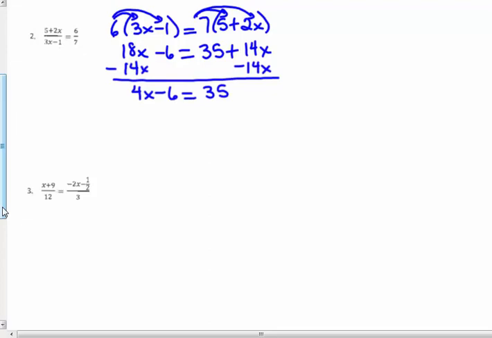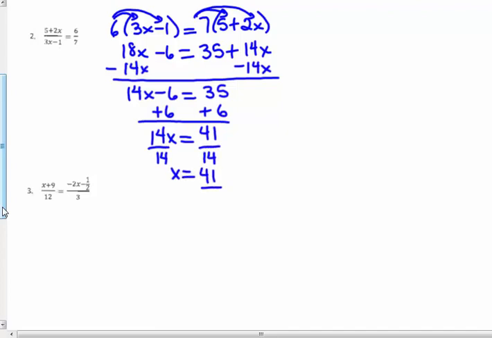Two-step equation, adding 6 to both sides, 4x has to equal 41. When I divide by 4, I get x equals 41/4. So x equals 41/4 for number 2.